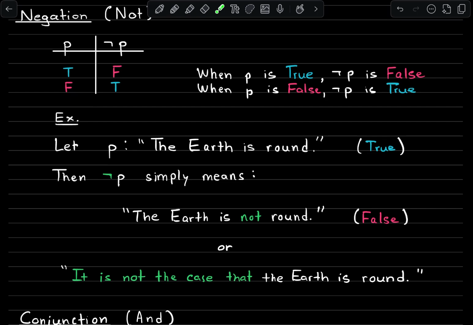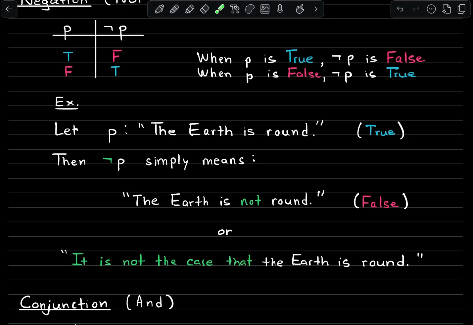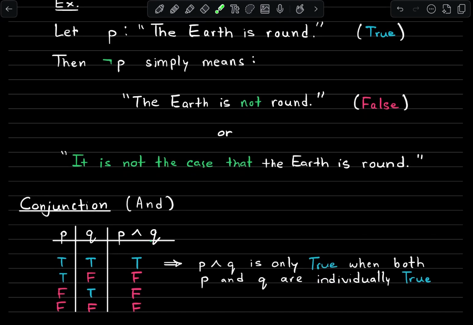It's pretty straightforward. Next, we've got the conjunction, which is and. So here's the truth table for and. Now this one's going to involve two propositions to start off with, unlike negation, which only needs one. So for and, we're going to have P in our first column, we're going to have Q in our second column, and we're going to go through every combination of possibilities.